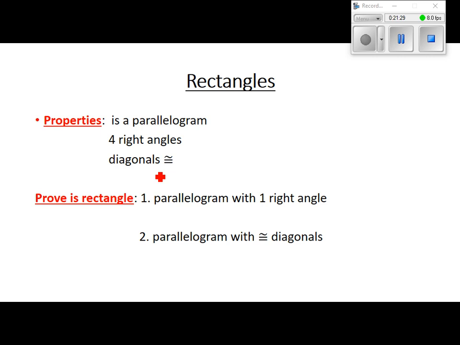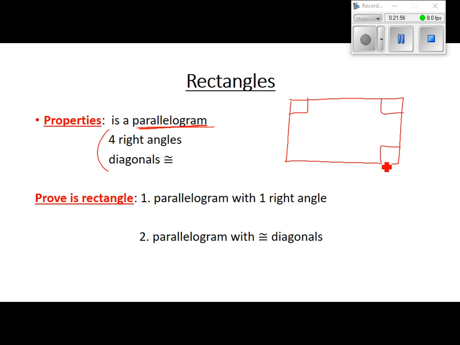Rectangles. A rectangle is a parallelogram, so all those properties that I just went over for a parallelogram also fit for a rectangle. So if I draw a rectangle here, all the properties that we just went over fit for that. I'm not going to go back through them all. The new properties for a rectangle that didn't work for all parallelograms: it has 4 right angles.